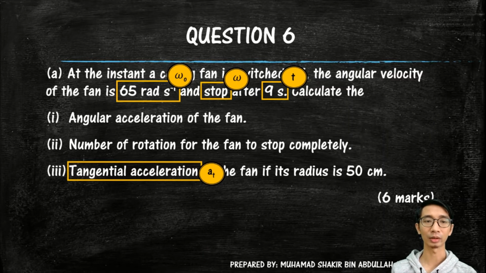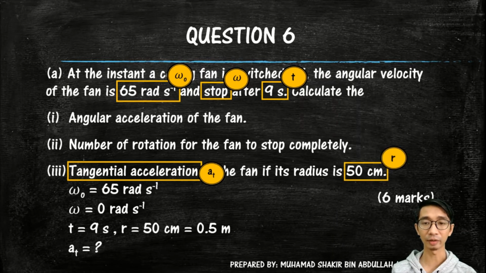Before this, in the first part, we calculated angular acceleration, and now the question is asking for tangential acceleration. These three accelerations are not the same, they are totally different. Tangential acceleration has a different equation from angular acceleration, but it is related. And you are given a radius here, 50 centimeter.